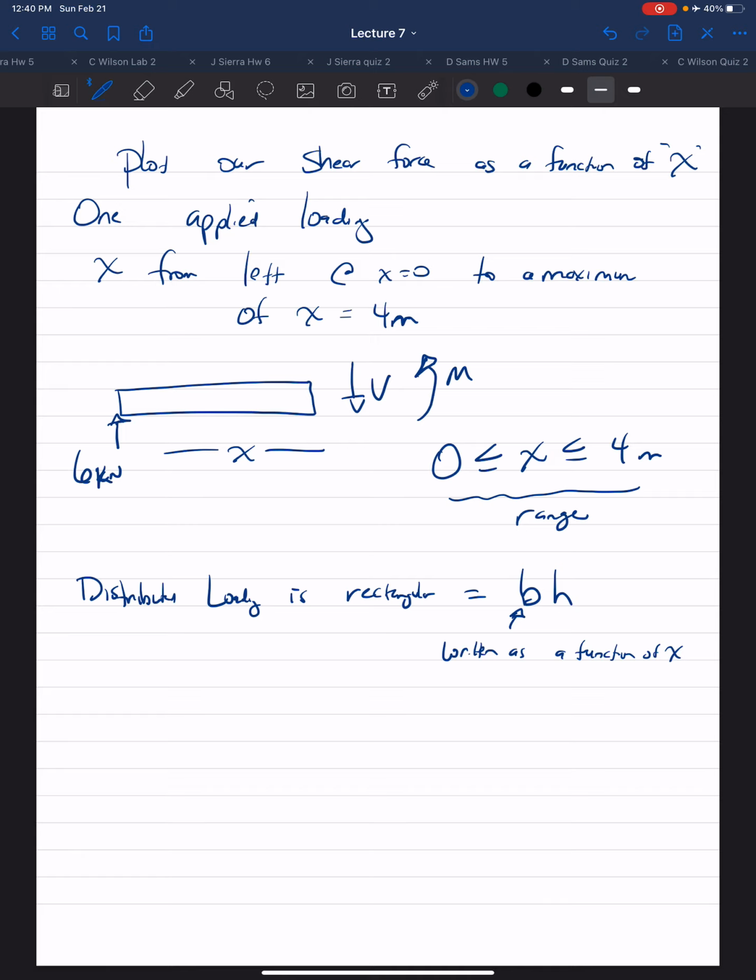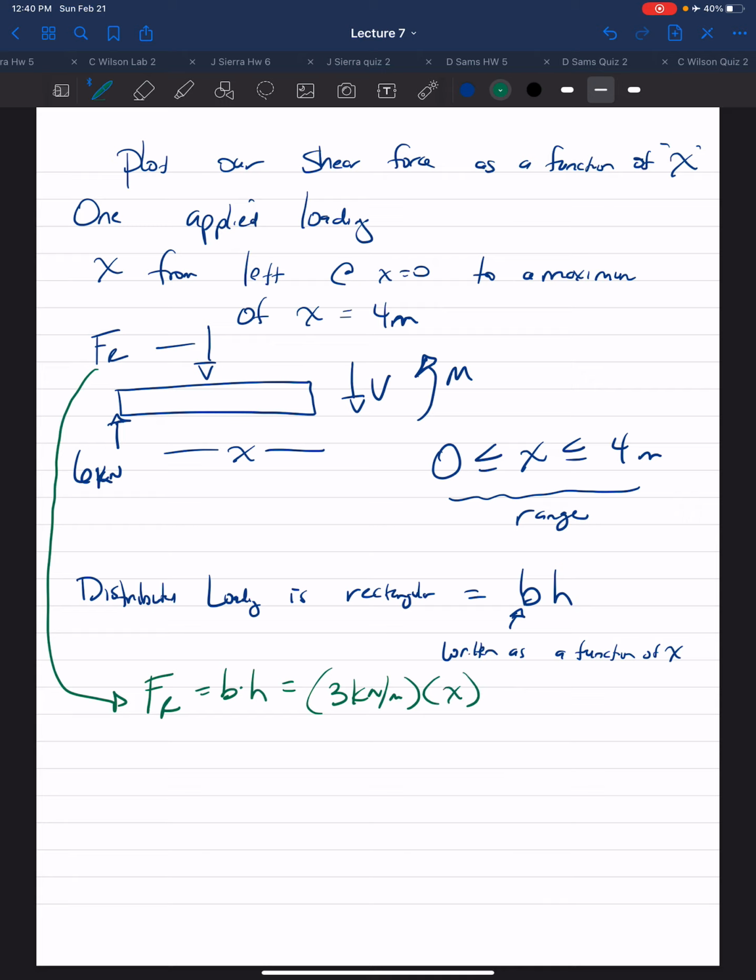Therefore, the resultant force, base times height, will be the height, 3 kilonewtons per meter, times the base x.